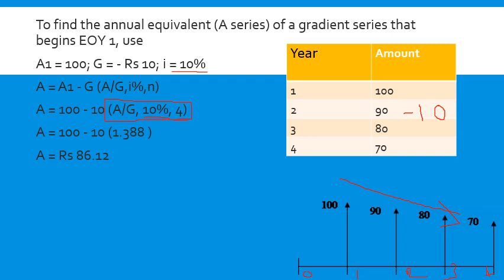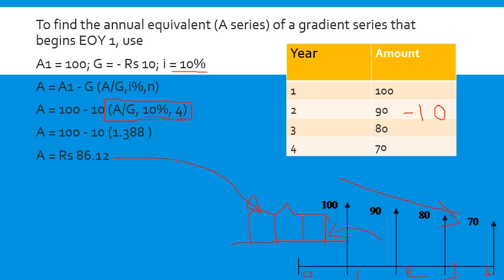Now it has been converted into a uniform series of flow of 86.12 in the first year, 86.12 in the second year, 86.12 in the third year, and 86.12 in the fourth year. So this is 86.12 and that has been substituted here. Now this cash flow diagram can be replaced by this cash flow diagram. That is the meaning of that.